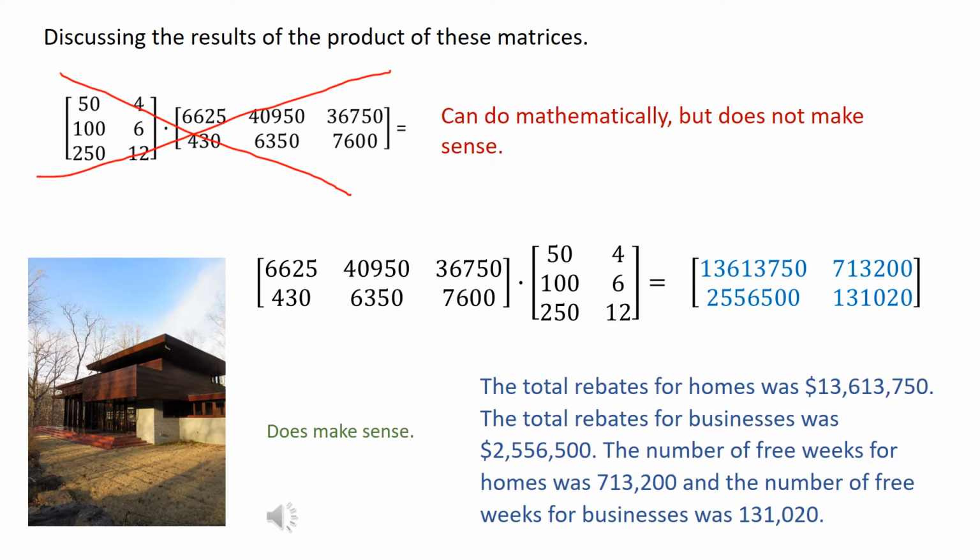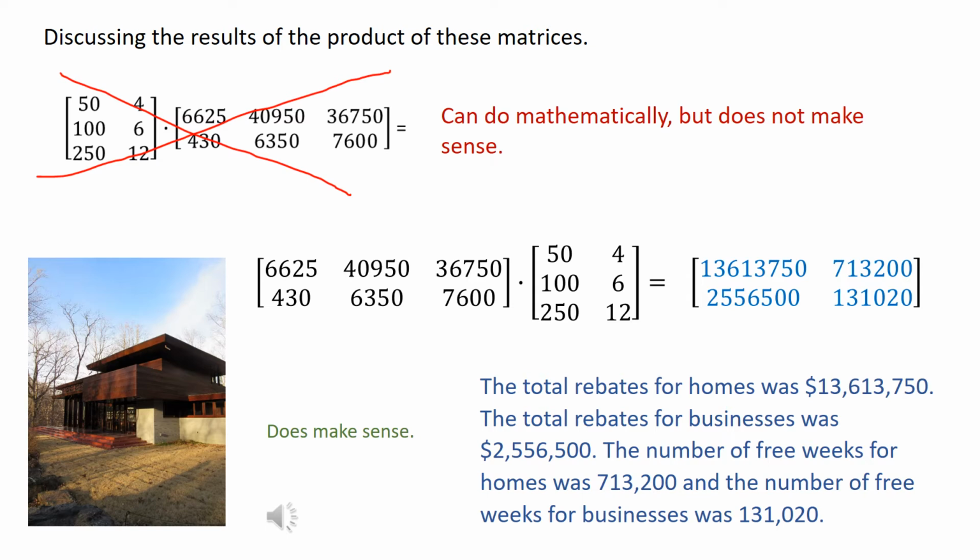We would have been multiplying the $50 rebate by the number of homes that chose Pokey and adding it to the 4 weeks of free service multiplied by the number of businesses that chose Pokey. And adding rebate to weeks of service doesn't make sense. You can't add things that are not like terms.